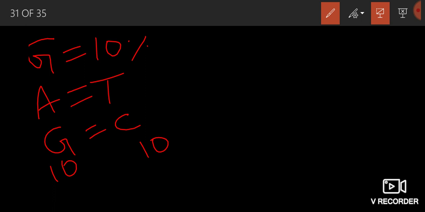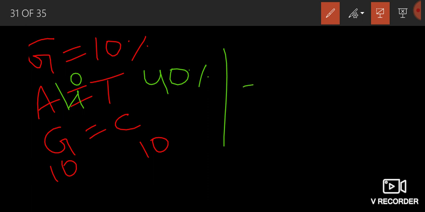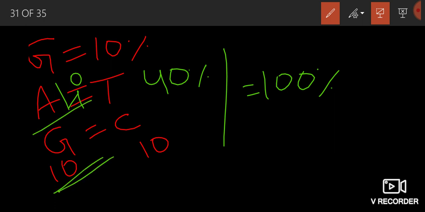Then adenine is 40% and thymine also 40%, so totally 100%.